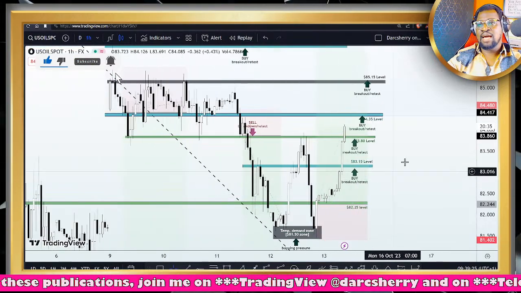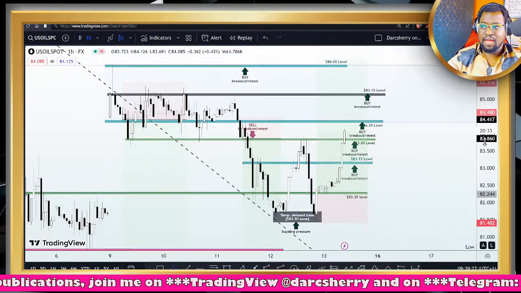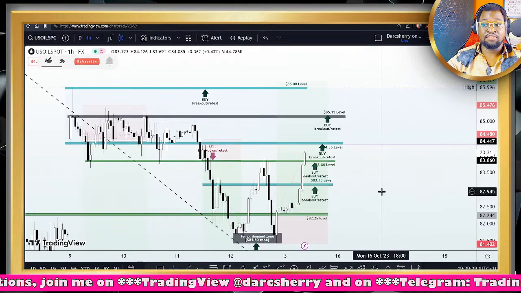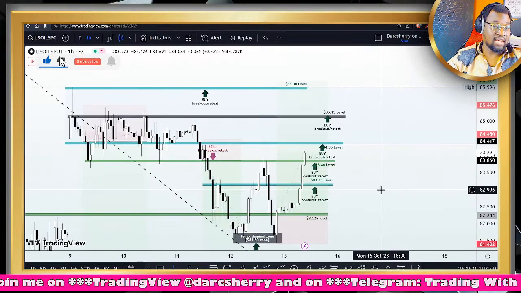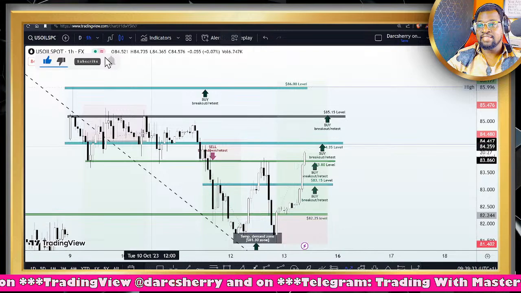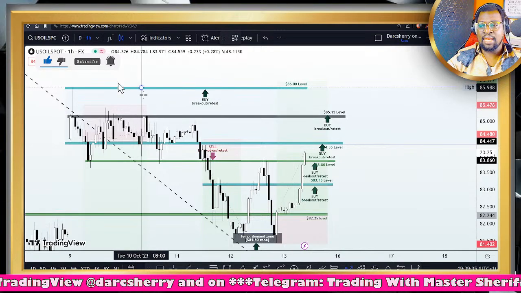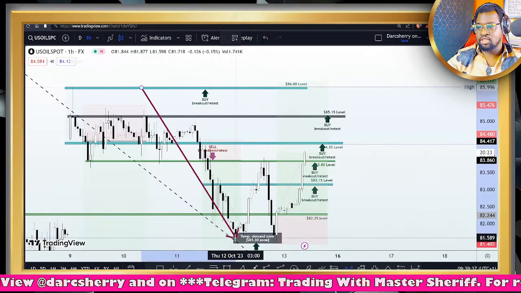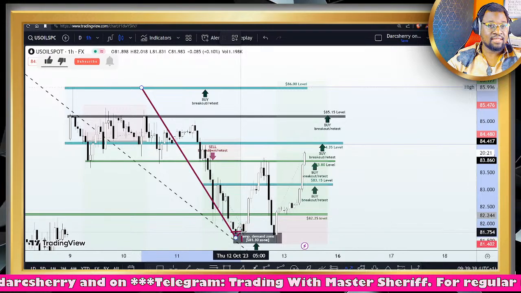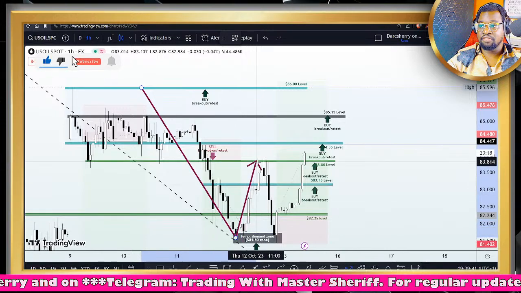Then one more thing I would like to reveal to us here, which further emphasizes the potential of buyers here, is this lookalike double bottom structure. As you will see right here, price tested the $81.50 level the first time.